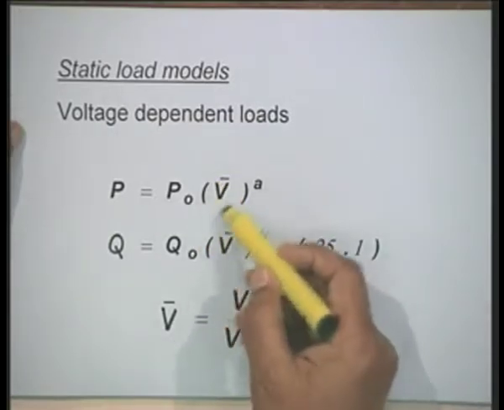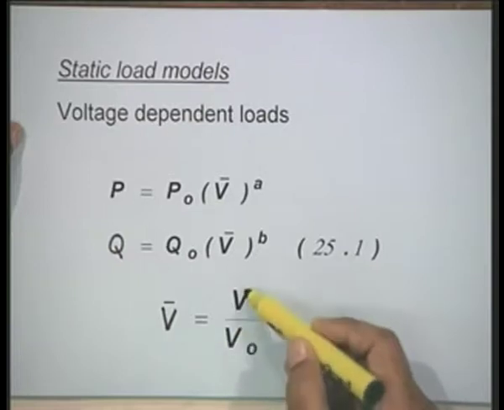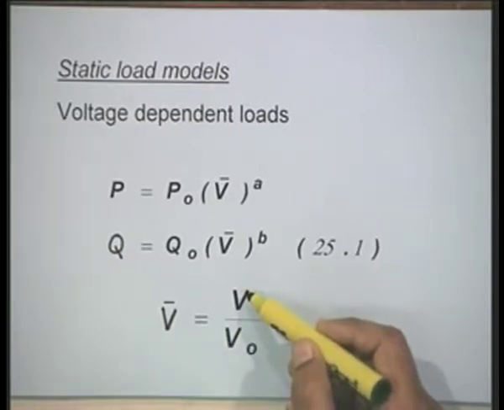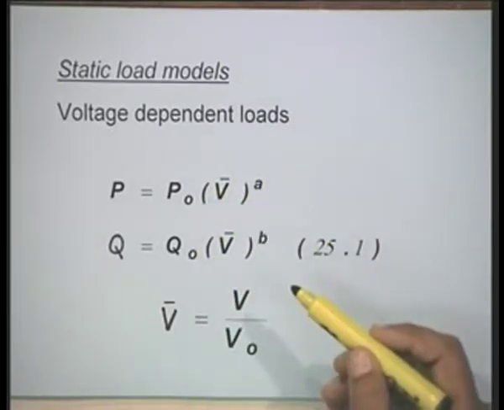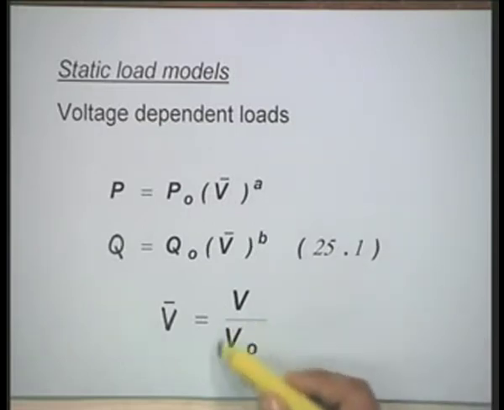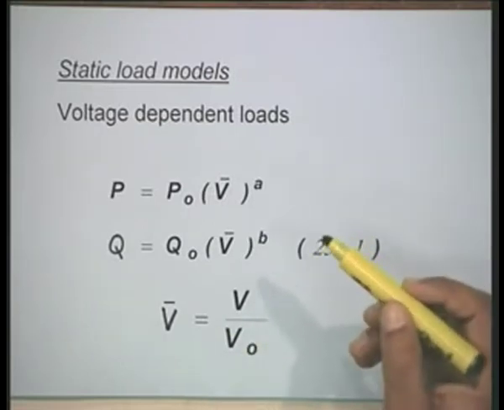And therefore, this V bar is a fraction of the actual voltage and the nominal voltage, or you can say that this V bar is a per unit voltage expressed in terms of V O. Okay.